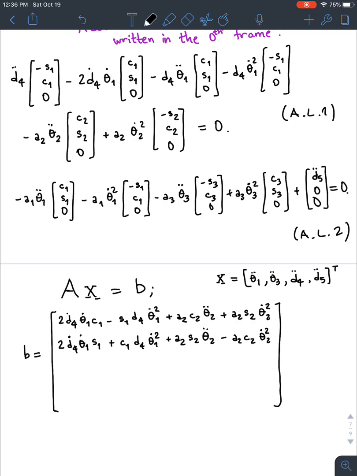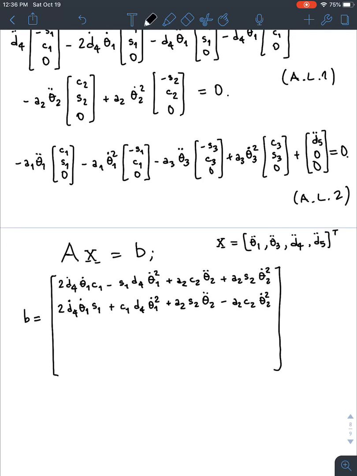The third element of B is going to come from our first row of AL2, and that is going to look like minus a1 sine 1 theta 1 dot squared minus a3 cosine 3 theta 3 dot squared, and that's it.